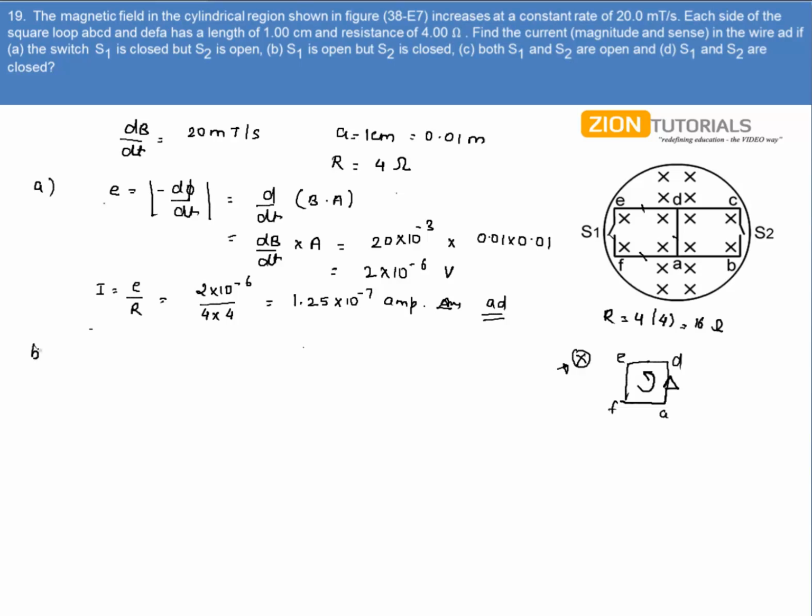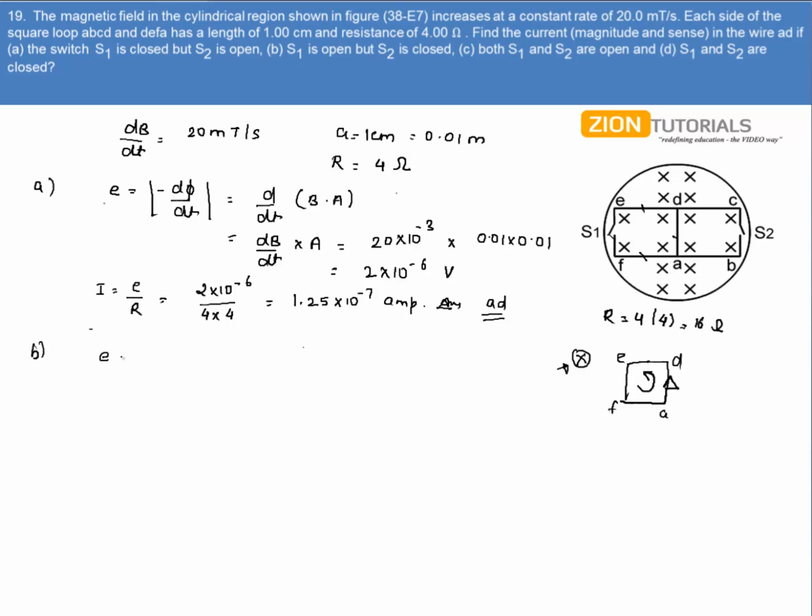In the second case, switch S1 is open but S2 is closed. Clearly the loop has the same dimensions and the value of dB/dt is the same.